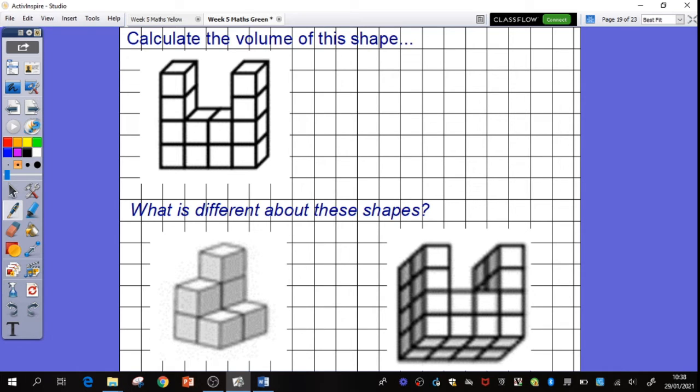So let's have a look. I have 1 cube, 2, 3, 4, 5, 6, 7.